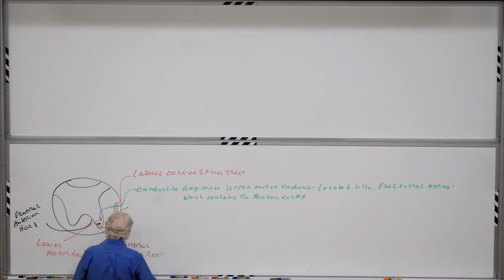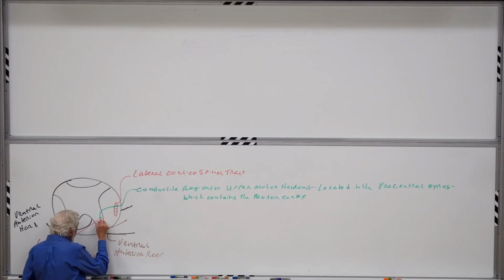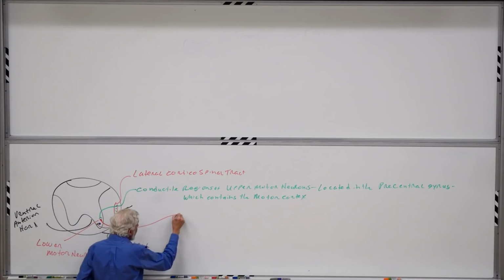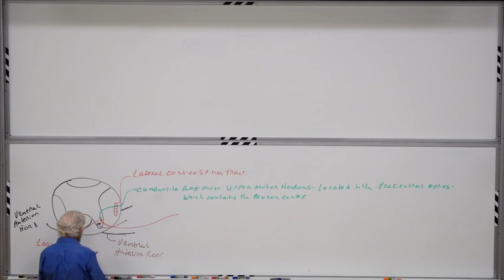Now, if we were going to follow all of these axons, we're going to follow the process of the red neuron out into the periphery. And we're going to follow the process of the purple neuron out into the periphery.